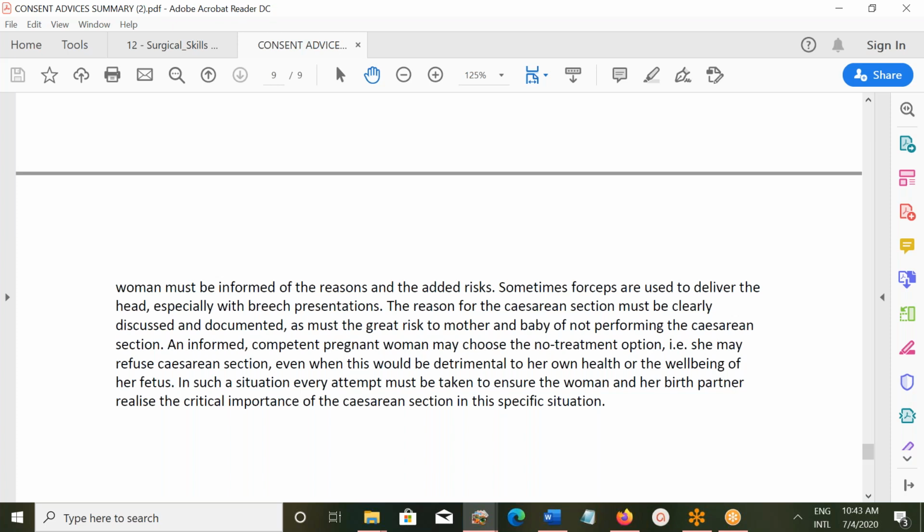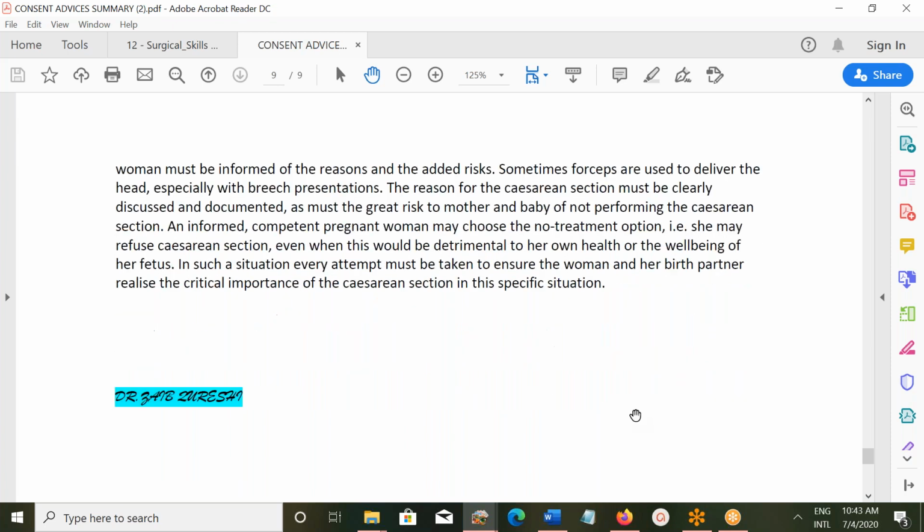Informed consent: a competent pregnant woman may choose no treatment options, like she may refuse cesarean section, even when this would be detrimental to her own health or the well-being of the fetus. In such a situation, every attempt must be made to ensure the woman and her birth partner realize the critical importance of a cesarean section in this specific decision.